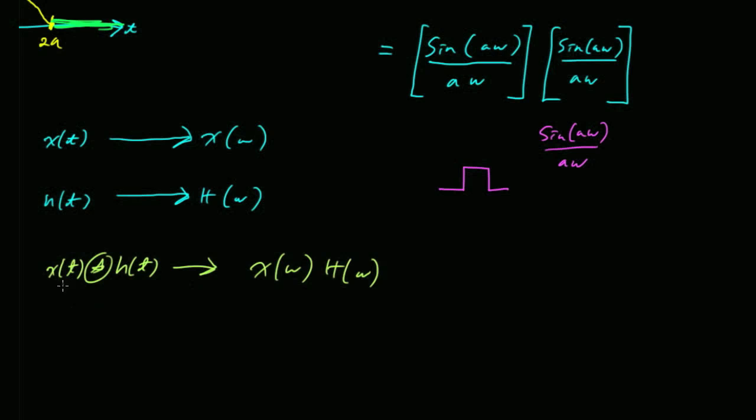Therefore, if I do rectangle convolve rectangle, then the Fourier transform had darn well better be sinc function times sinc function. Have a nice day. Isn't that sick? It works. Like every time I do this, it blows my mind.